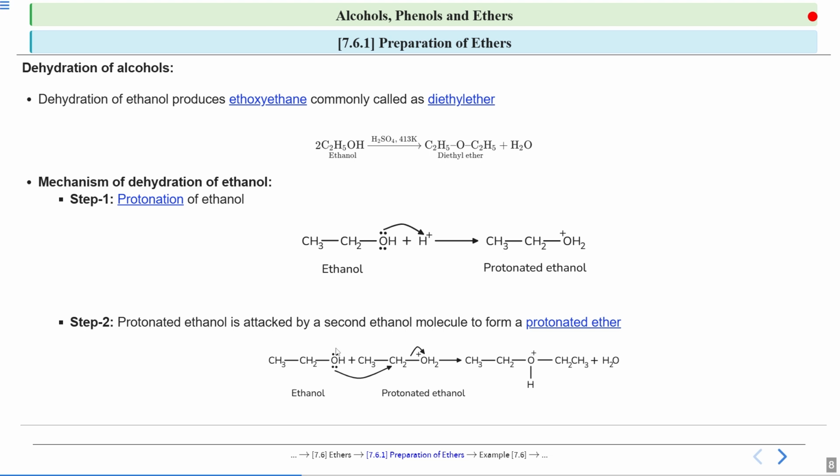Both sides there is CH3CH2. So the first step is the protonation of ethanol, and then there will be a nucleophilic attack in which your second molecule of ethanol attacks your protonated ethanol to form a protonated ether.